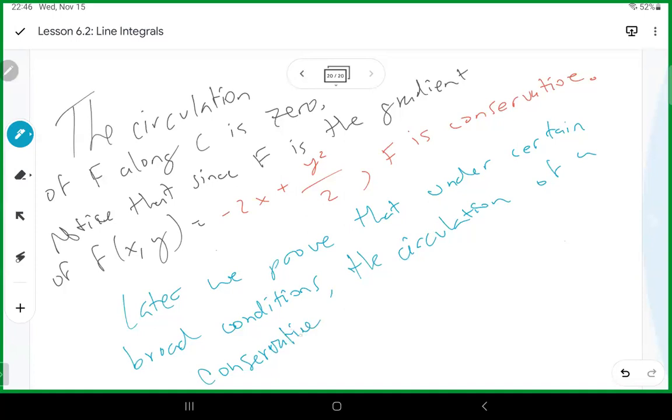Conservative vector field along a closed curve is 0.